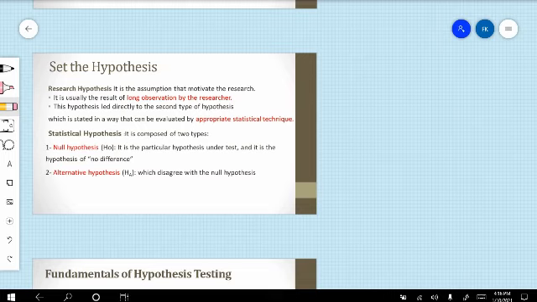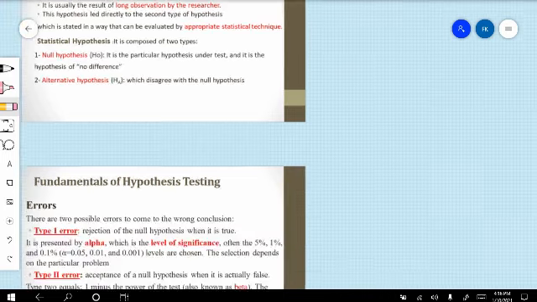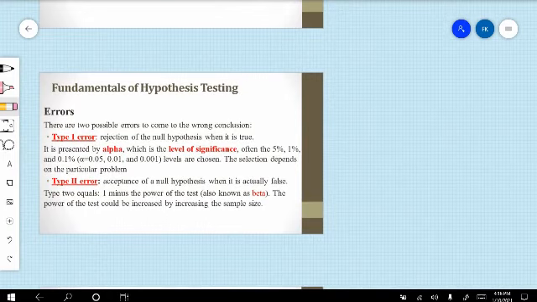Now we come to some fundamentals of hypothesis testing. Errors. When we reach a conclusion, there's some possibility that this conclusion is wrong. This comes from two possible errors. The first one is called alpha error.